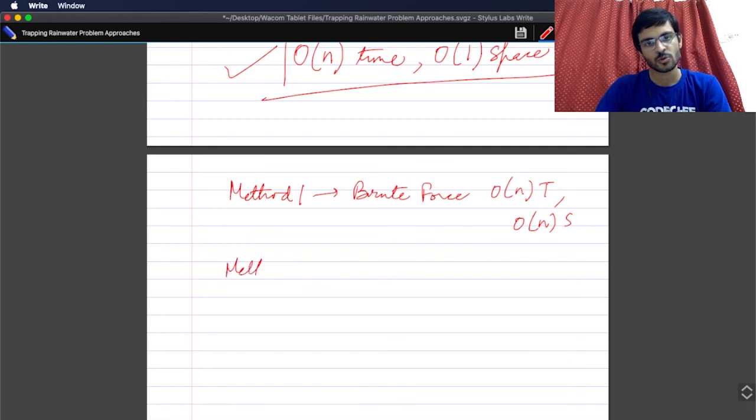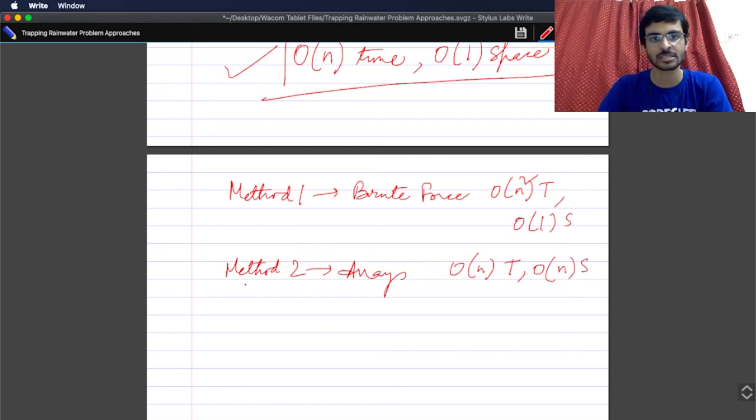Method 2 was using arrays. Over here we used order n time, order n space.